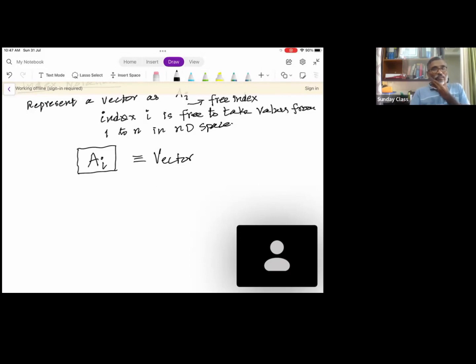So in index notation, a vector is always represented as a symbol representing that vector, and then a free index, which is free to take values 1 to n if you have n-dimensional space, or 1, 2, 3 if you have 3-dimensional space. This is the concept of free index, and this is very important.